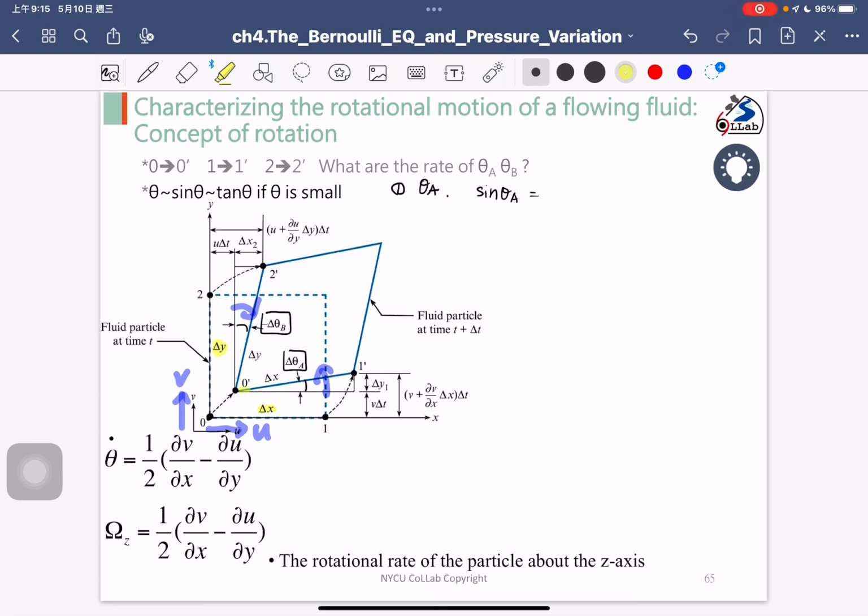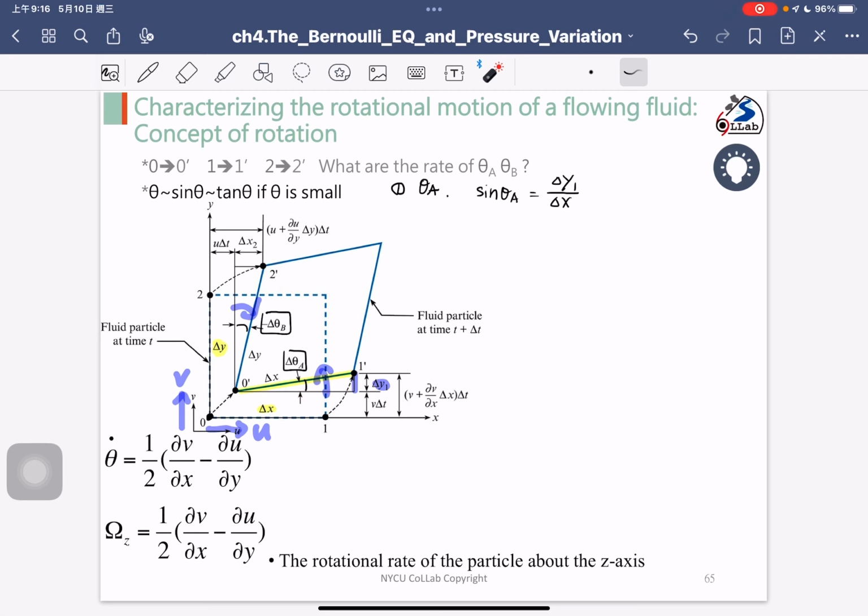So we have the delta x here, and we have the delta y1 here. Okay, so what is the sine of theta A? The sine of theta A will equal delta x over delta y1, right? Because it's just based on the geometry here, you know that there is the delta y1, and the line here is delta x, and the angle here is theta A.